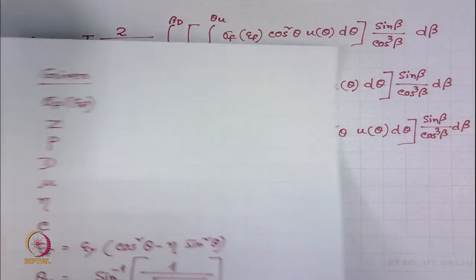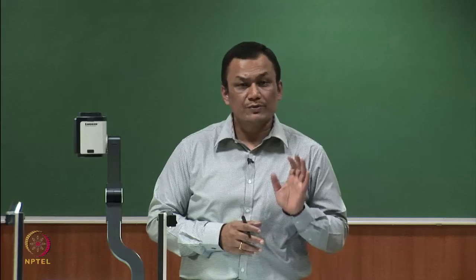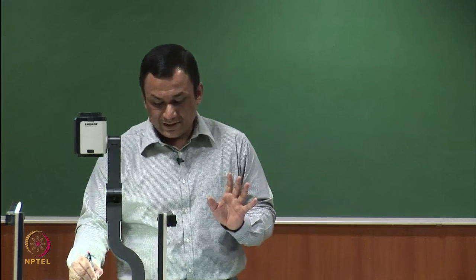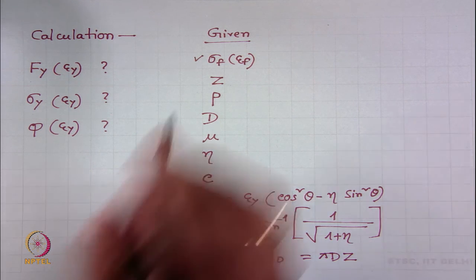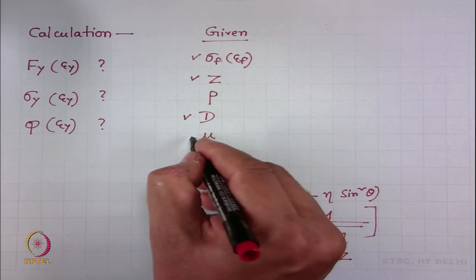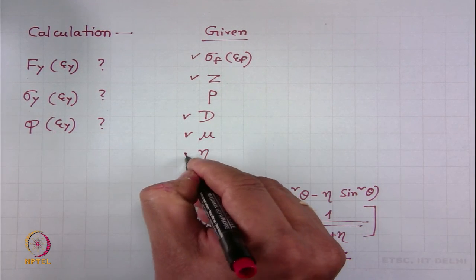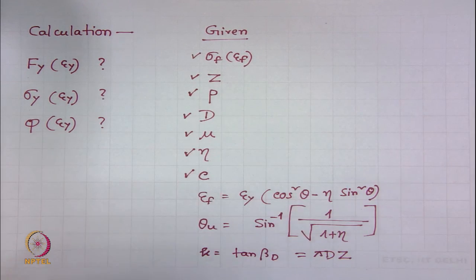So, there should be some given parameters. What should be given? Fiber stress strain relation you must know. Also you must know yarn twist, yarn diameter, yarn packing density, yarn contraction ratio, measure of anisotropy and fiber density. Also you must know the relation between fiber strain and yarn strain.